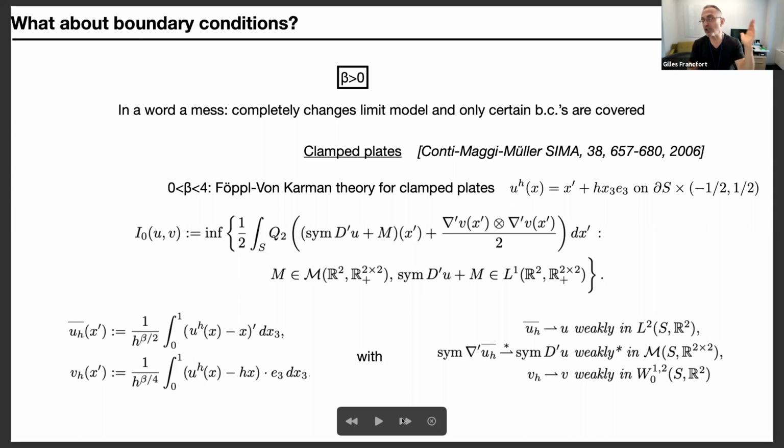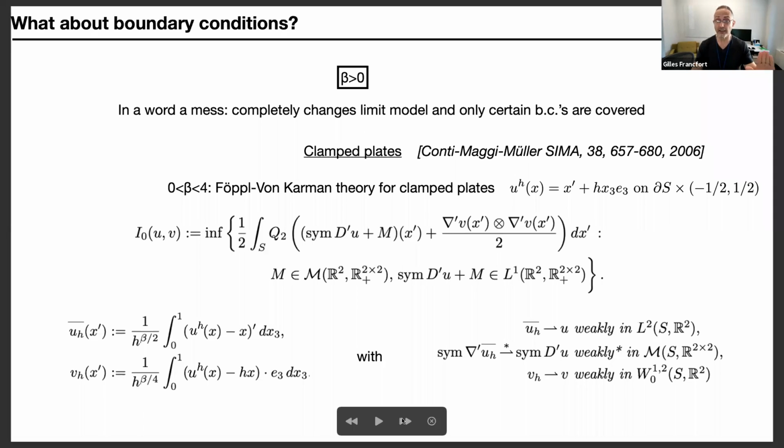Well, it changes completely the picture, for any beta strictly greater than 0, not in the membrane case, but for any beta greater than 0. So it's again the work of Conti, Maggi, Müller, and they get a completely different model, which I'm not going to describe here, which is called the Föppl-von Karman model.